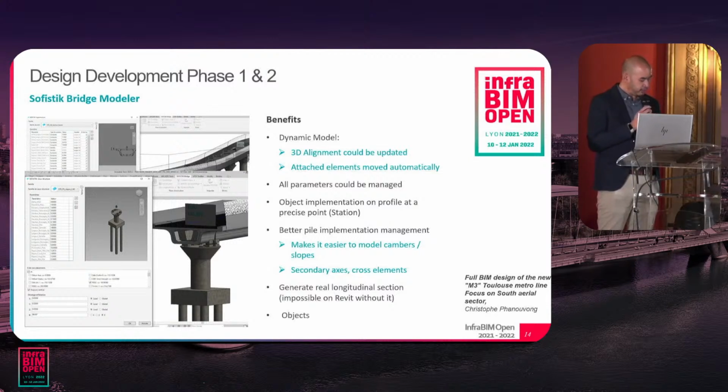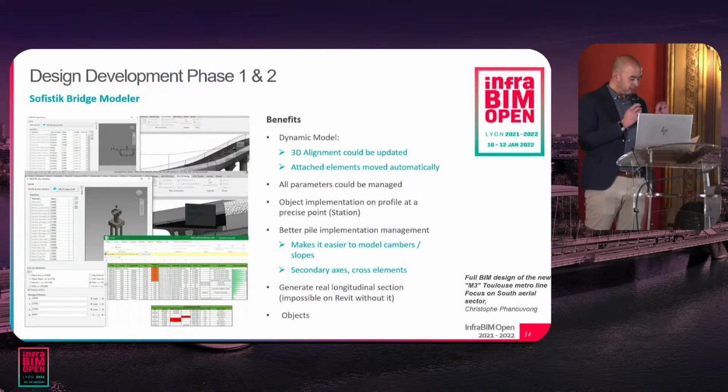So we created a lot of different parametric families before, and it takes just a little time before beginning the project, but after that it gives us, we won a lot of time with that software.